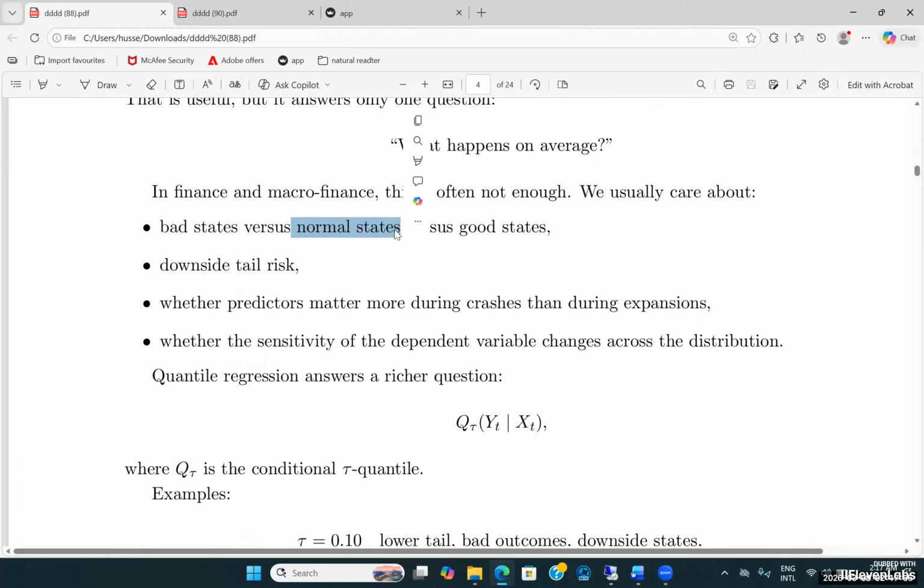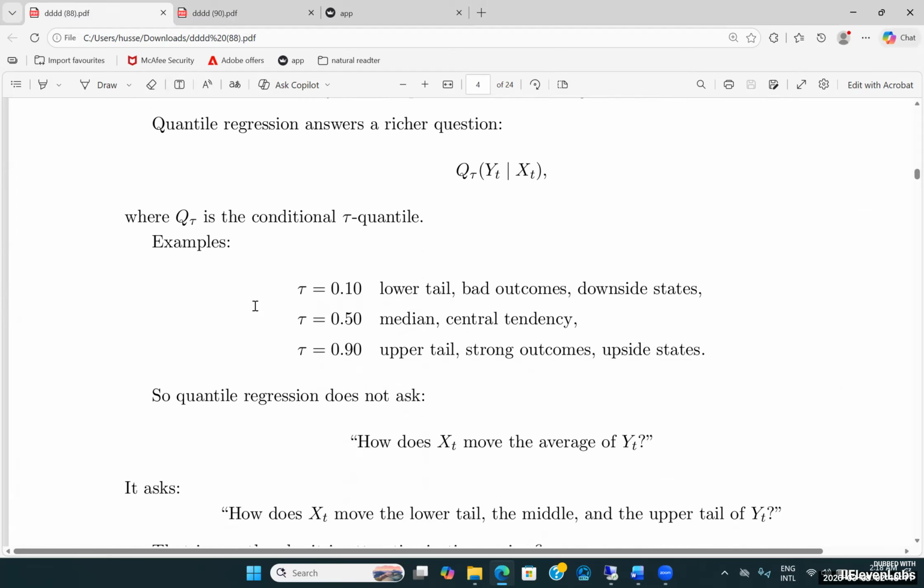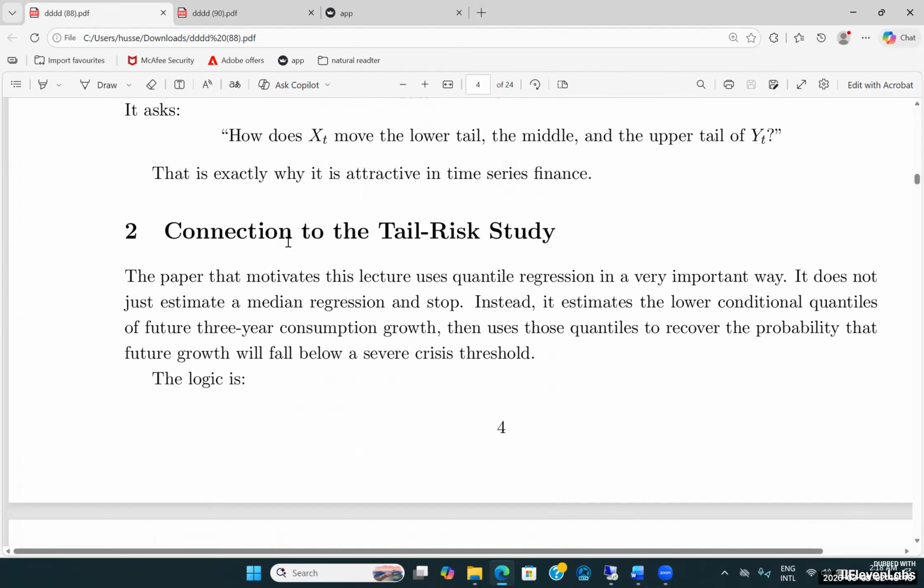The return in a crisis or bad states, where the average return is low, versus how these regressors affect the y, the return in good states. So, considering this situation, our analysis aims to reveal the complex and varied impacts that x has on y.